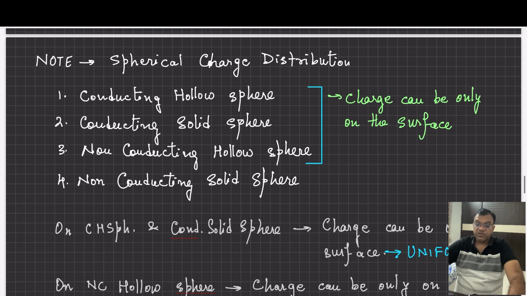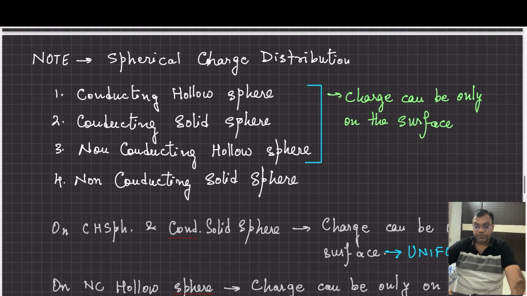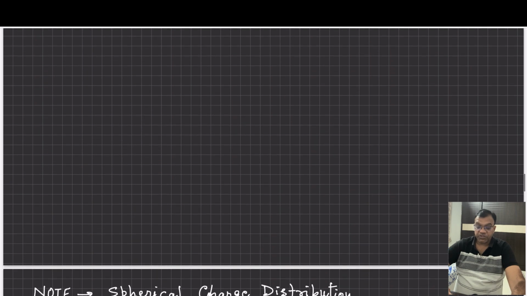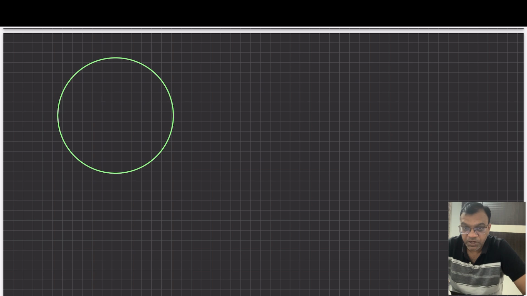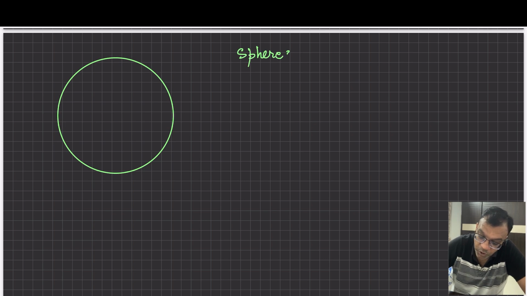Now we have the next configuration, the spherical charge distribution. Here also conductor and non-conductor play a very important role, so I would like to explain that first. Now we have some conductor. It can be hollow, it can be solid. So spheres are classified in two parts: hollow, solid.